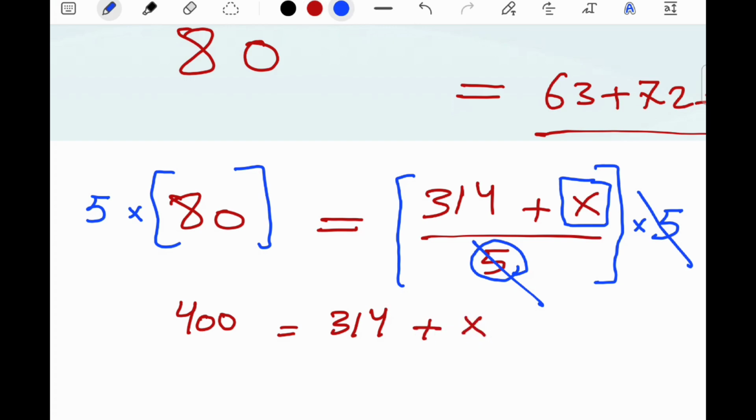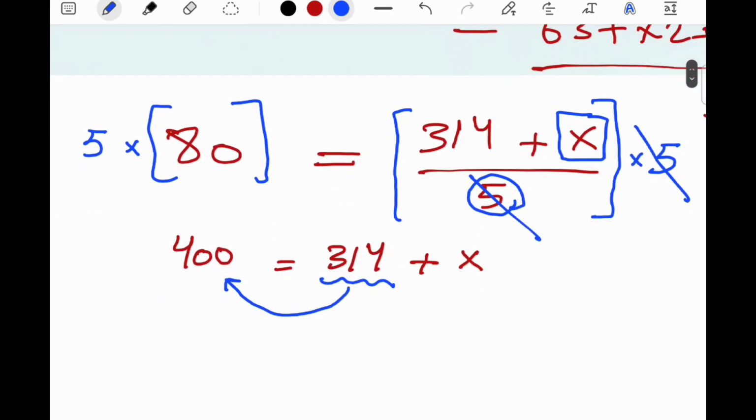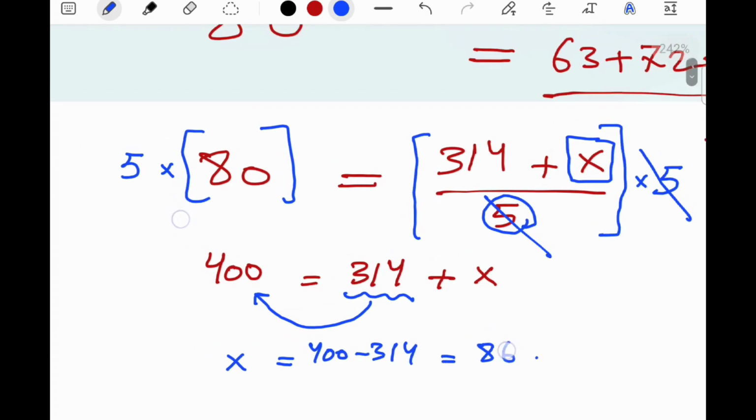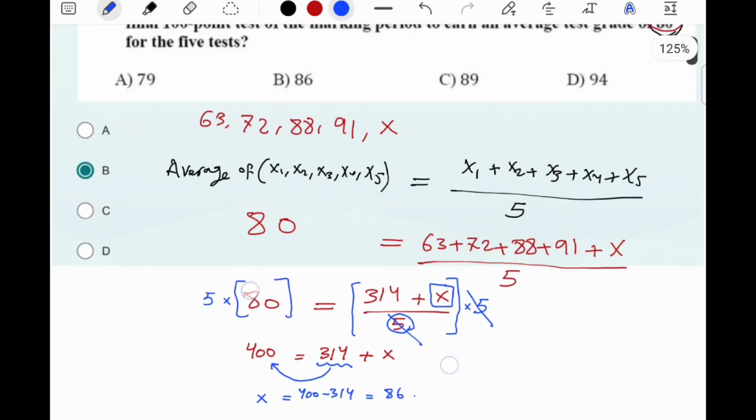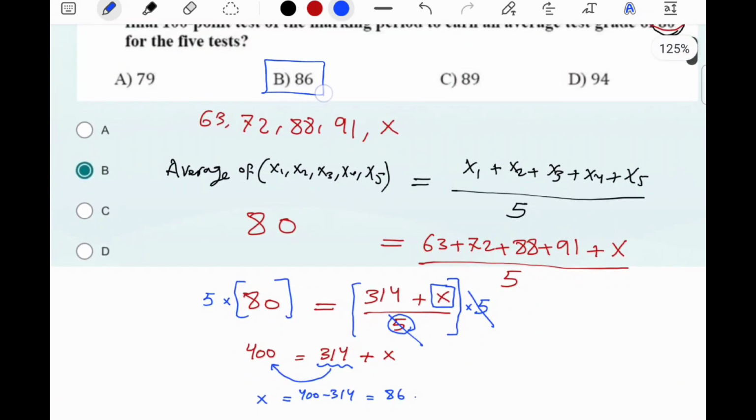How do I solve for x? I collect the like terms: the constant 314 becomes negative when moved across. So x equals 400 minus 314, which is 86. So the answer is B.